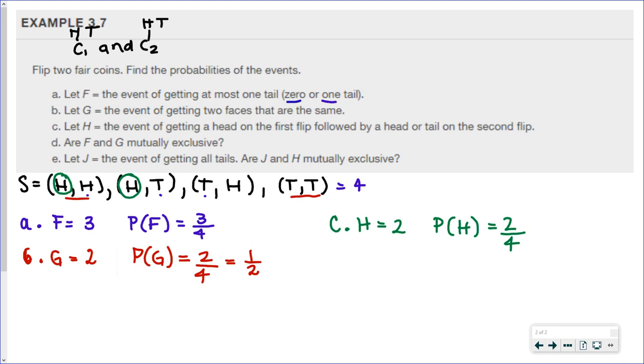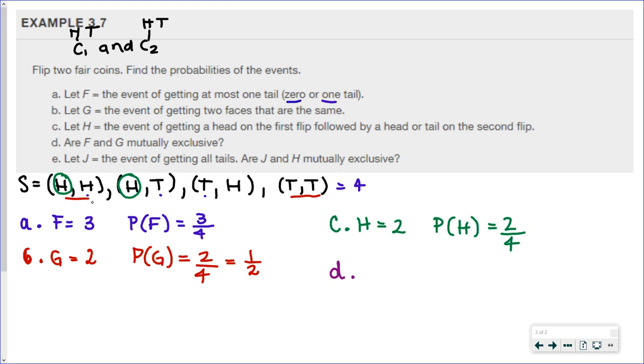Letter D is asking us, are F and G mutually exclusive? Now, mutually exclusive means that they don't have anything in common. So I'm looking at F. F is the blue one, right?